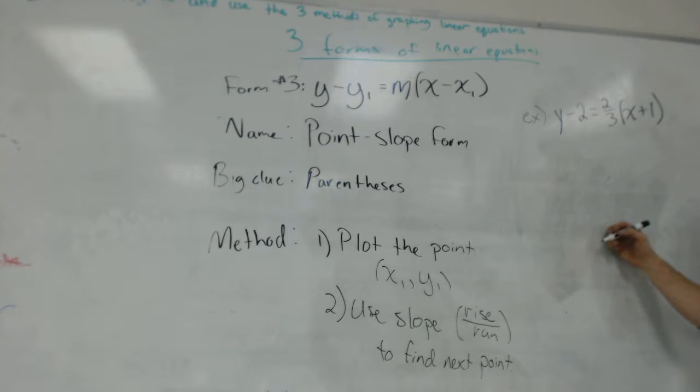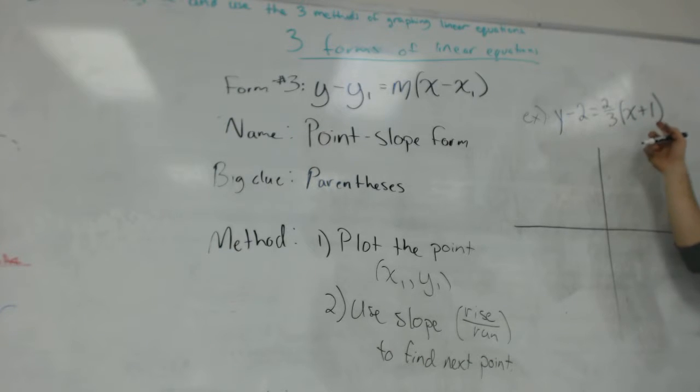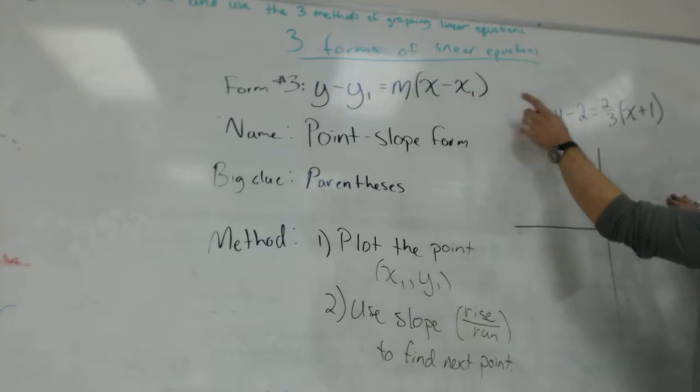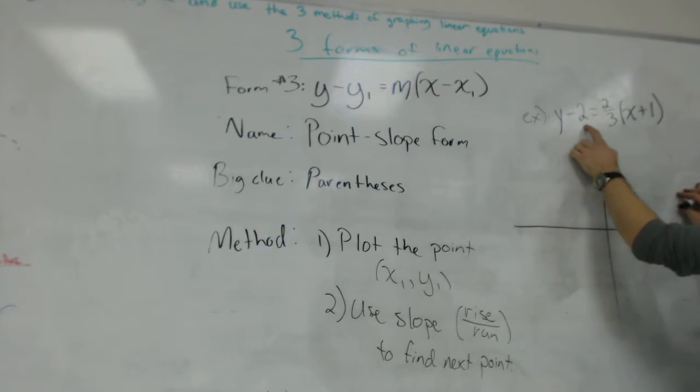It involves the minus 2, and it also involves the 1. So remember, my point is x1, which is right here, y1, which is right here.